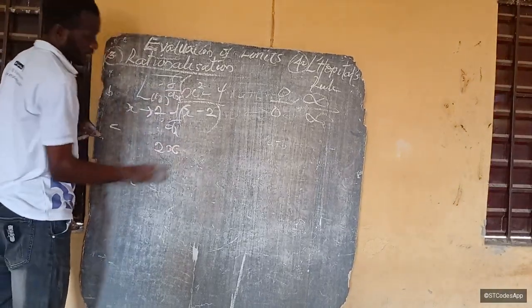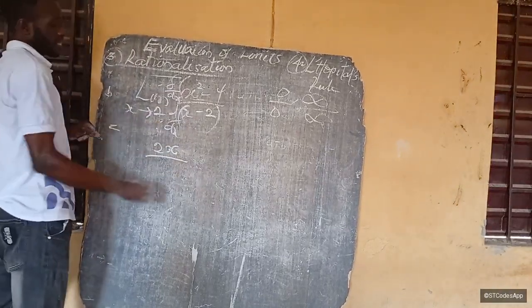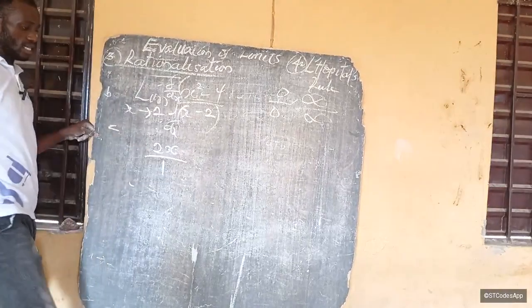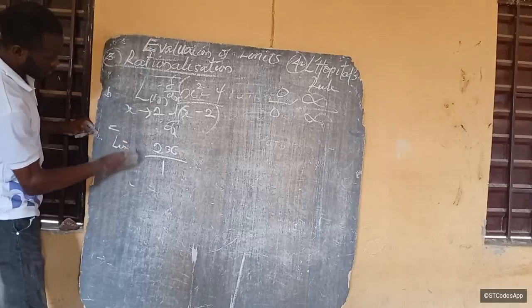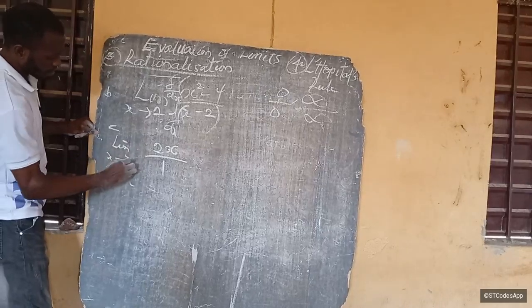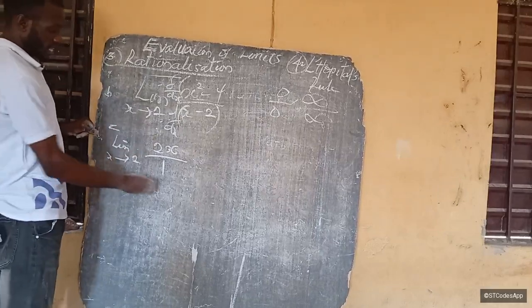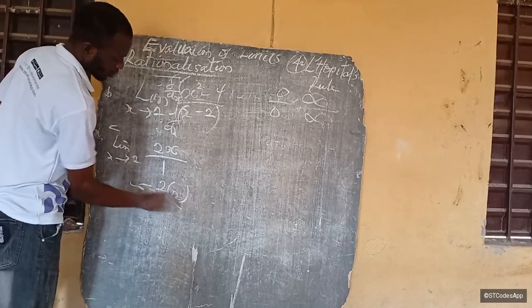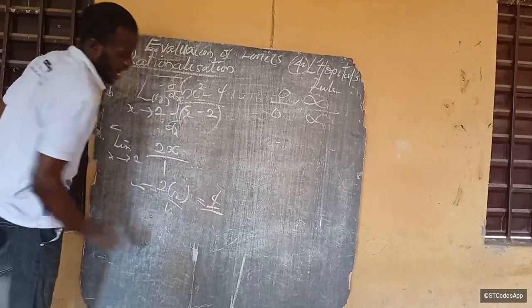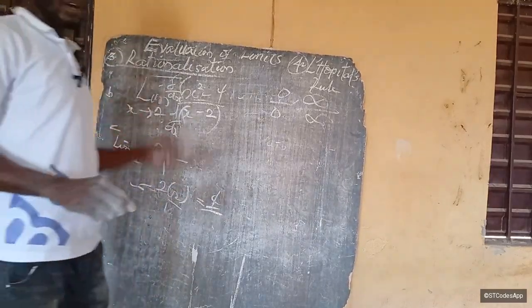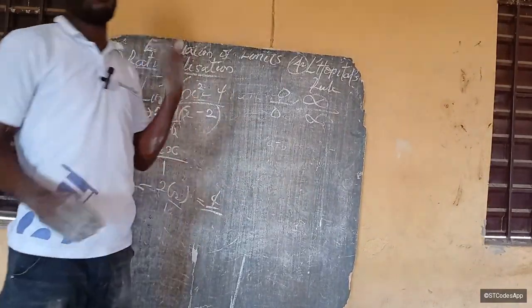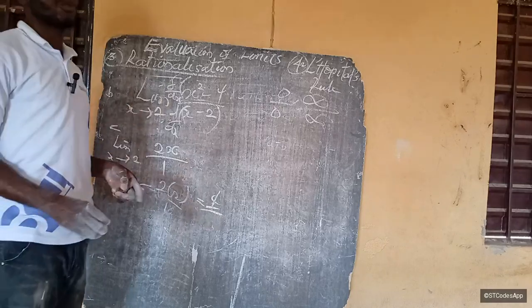So that's why we're having 2x here, over, differentiating here, you're going to have 1. Exactly. So you can now take the limit of the function as x tends towards 2. So you now have 2 into bracket 2 over 1, which is what? 4. And of course, that is what we'd get if we had solved that using factorization method. So you see, the L'Hopital's rule also worked.